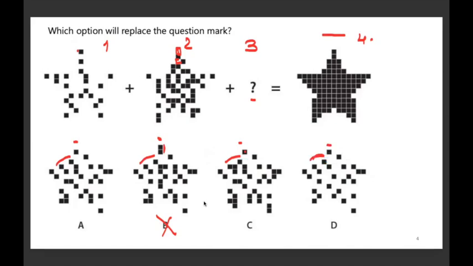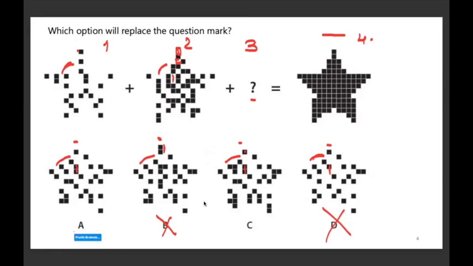Okay. Now, if you look at that part, it happens somewhere here. Within that, we see that this is an empty space and we need 2 pixels here. Those 2 pixels are given in A, also in C, but D does not have those 2 pixels. So D is wrong.